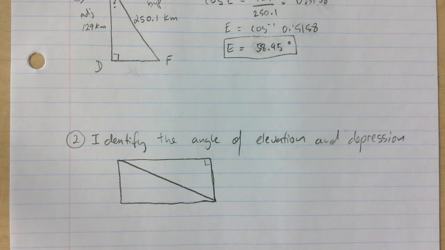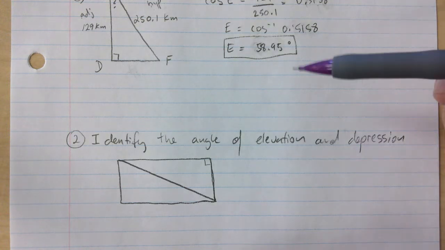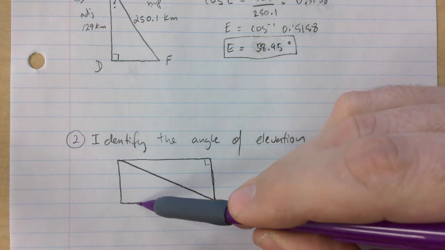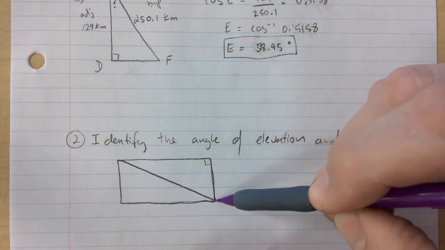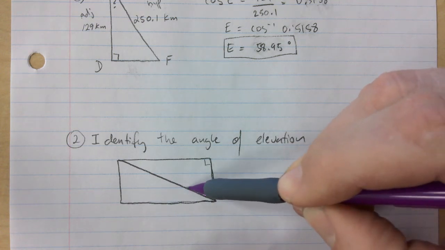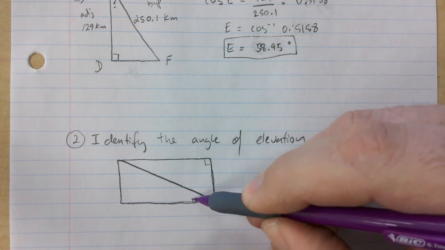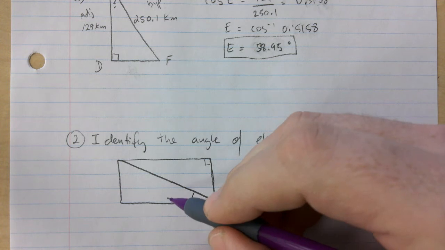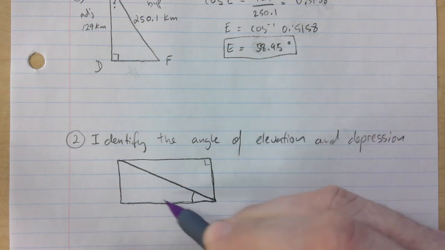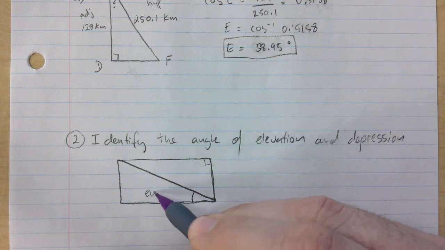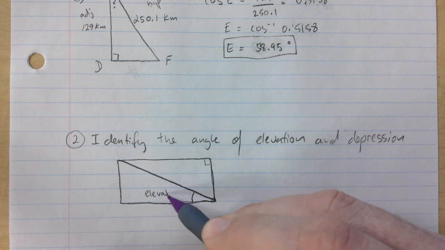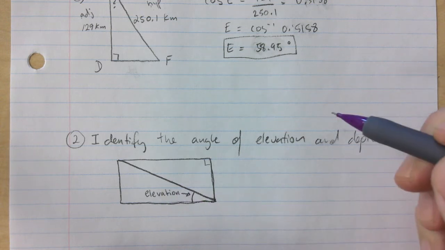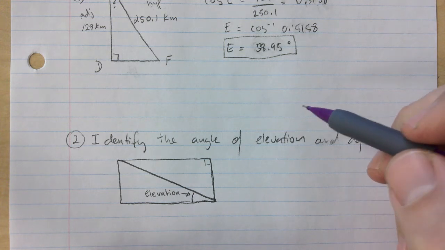And so in this particular situation, the angle of elevation is between the horizontal and the line of sight going upward. So this angle right here would be considered elevation. That would be the angle of elevation.